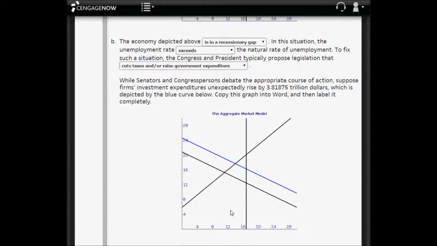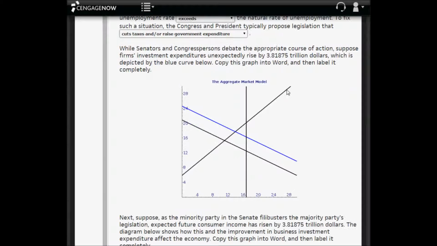Now, while the senators and congresspersons debate the appropriate course of action, maybe something like firm investment expenditures rise. Maybe they rise by $3.81875 trillion. If that's the case, then aggregate demand will shift from this black curve to this blue curve.